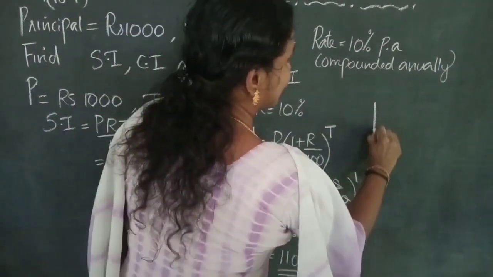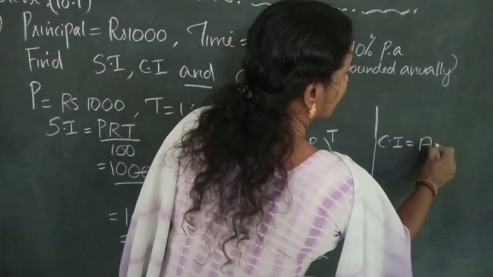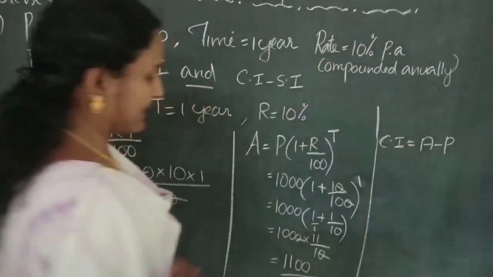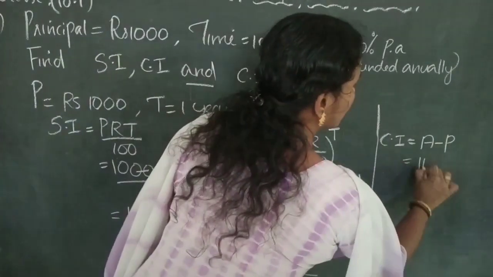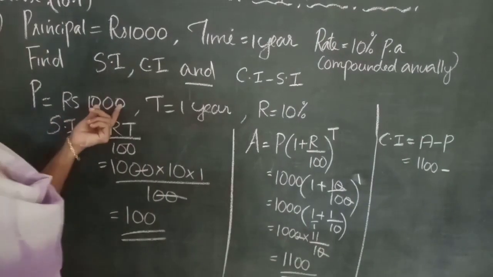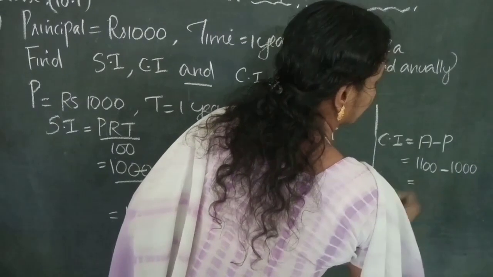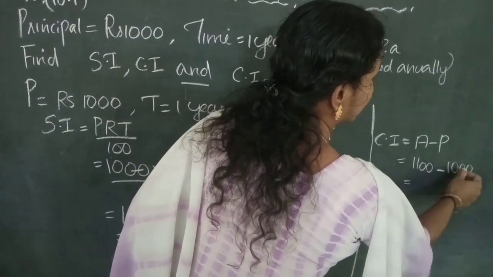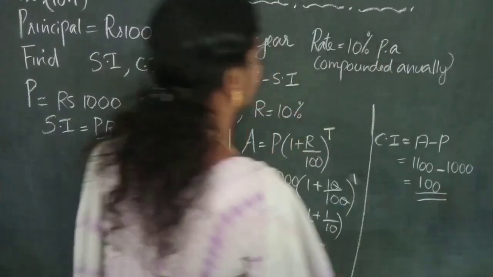After that you have to find CI. CI is equal to amount minus P. Here the amount A is 1100 and the principal P is 1000, so 1100 minus 1000 is 100. So CI is equal to 100.